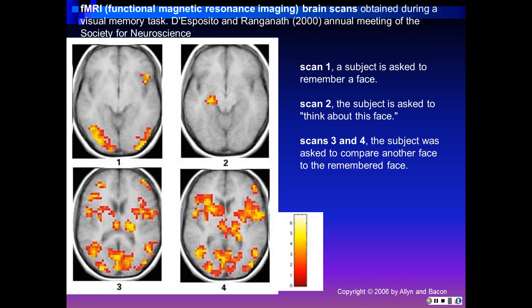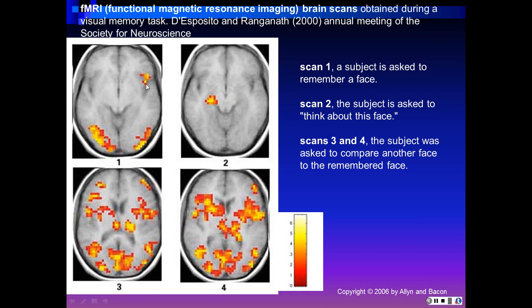But it gives you a sense of what an fMRI scan can do. Here in scan 1, a subject is asked to remember a face, and you see that the nose is up here, this is the occipital area of the brain. You can see some of the visual cortex lighting up here. And this would be part of the temporal lobe, possibly an area of memory.